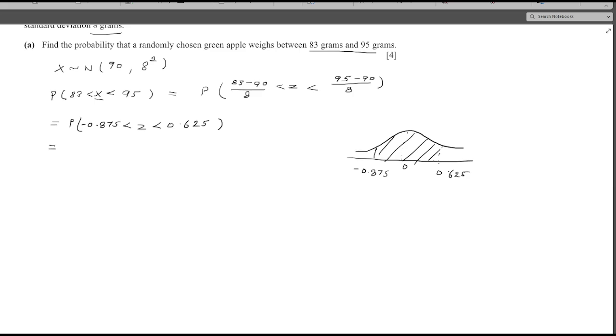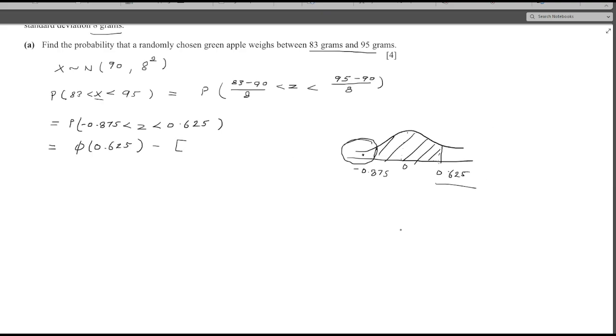Everything which is on the lower side of 0.625, from there I have to subtract this portion. Because phi of 0.625 will give me everything on the left side of 0.625, but I don't require anything which is on the left of minus 0.875.